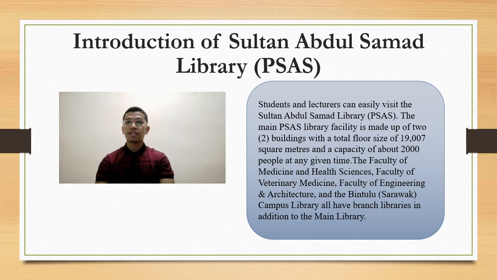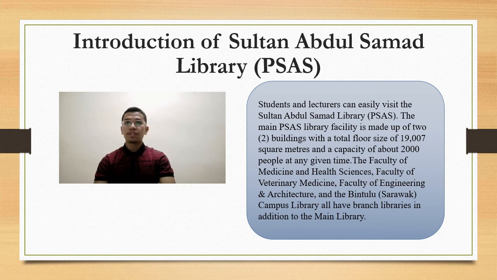Students and lecturers can easily visit Sultan Abdul Samad Library. The main PSAS library facility is made up of two buildings with a total floor size of 19,007 square meters and a capacity of about 200 people at any event time.